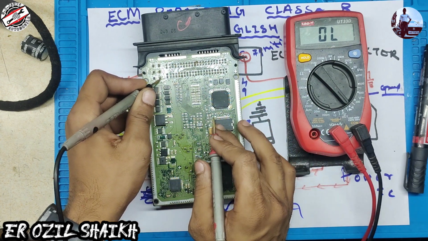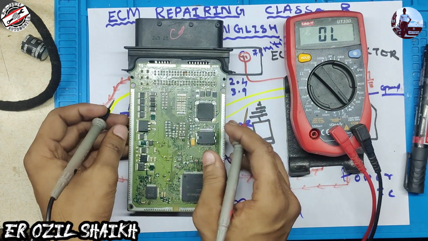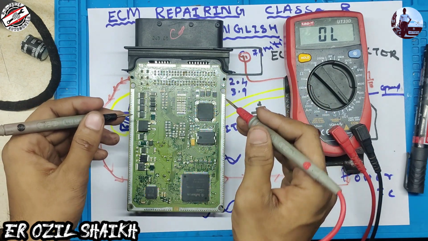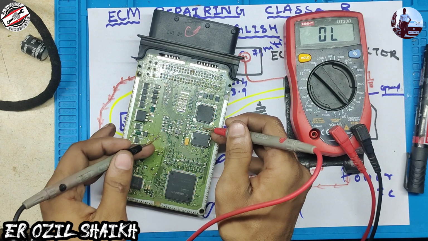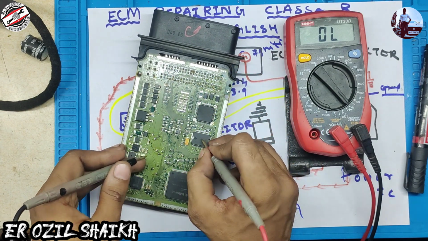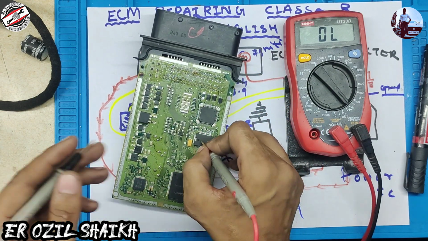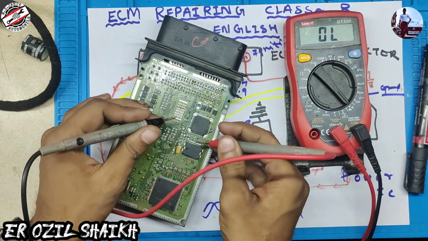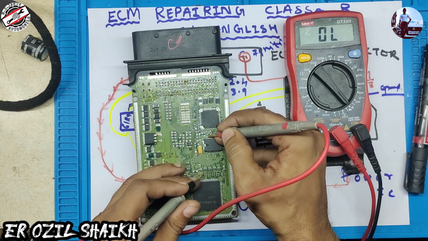For CAN, I know that pins number 65 and 66 are our CAN voltage. I can find them inside the board, because I know that this IC has pin number 16 as CAN low and pin number 70 as CAN high. So I can find it through this IC.